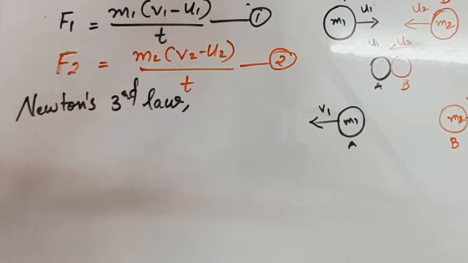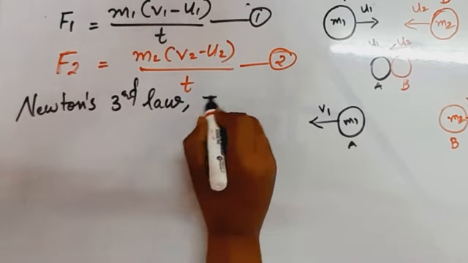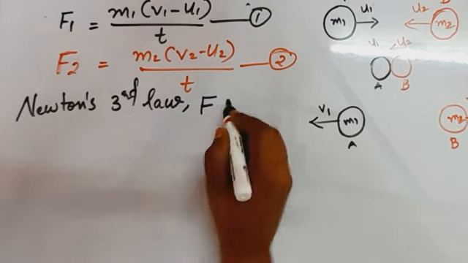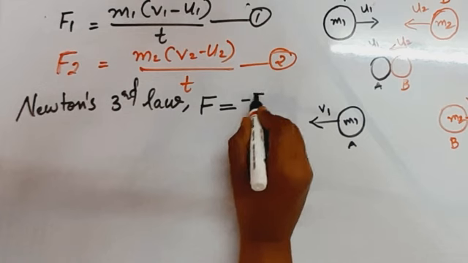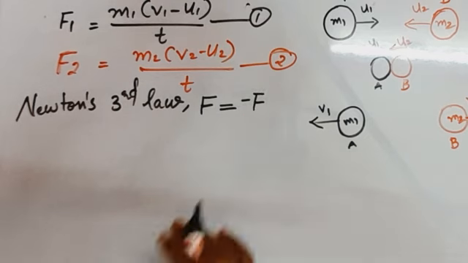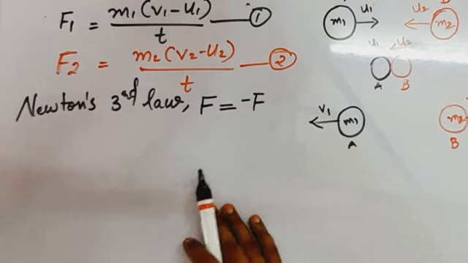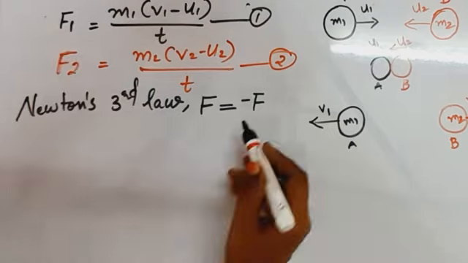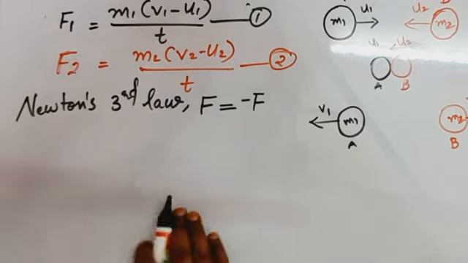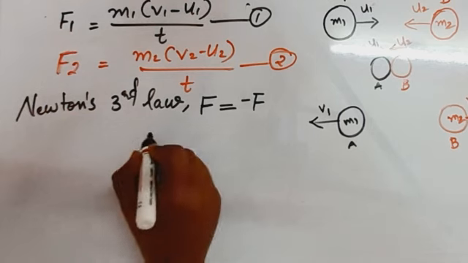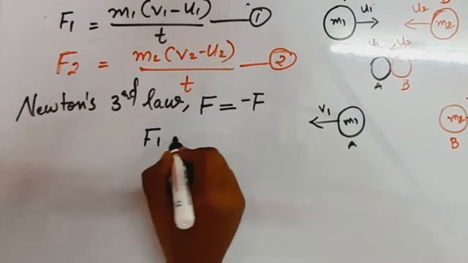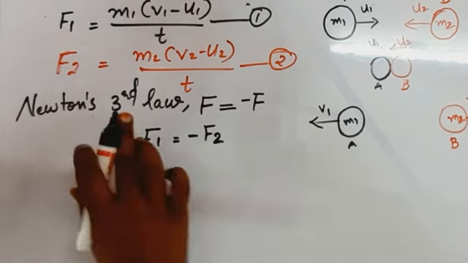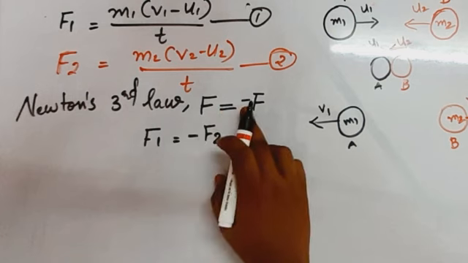Here two bodies are there, so we can take the action as F1 and the reaction as F2. Then F1 is equal to minus F2. It's very important. Listen, as per Newton's third law, every action has an equal and opposite reaction.